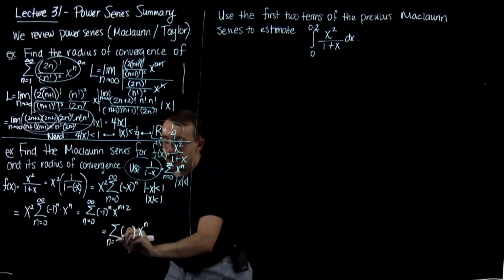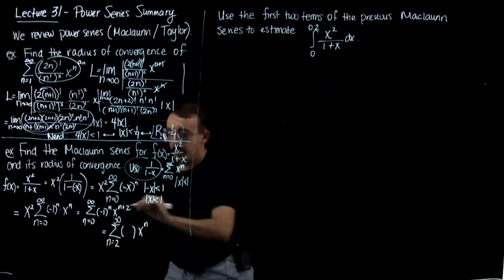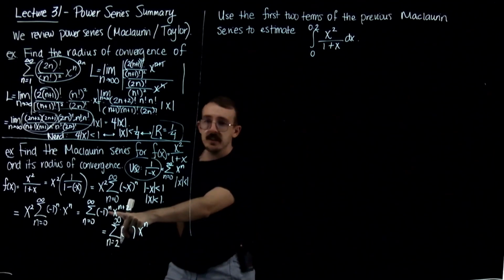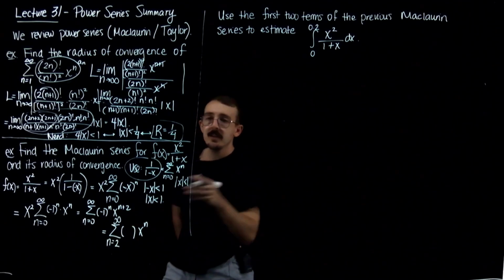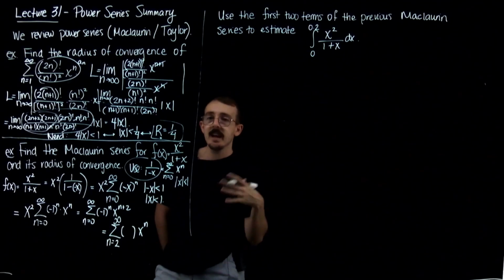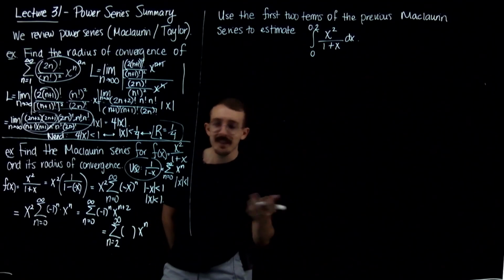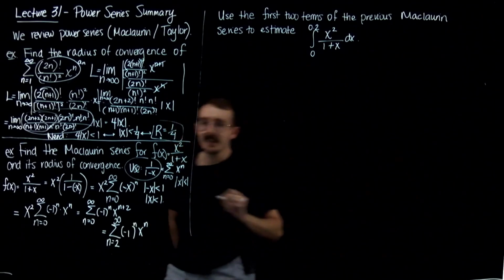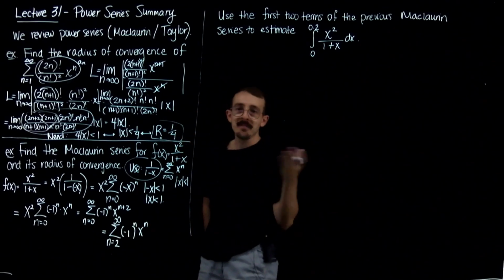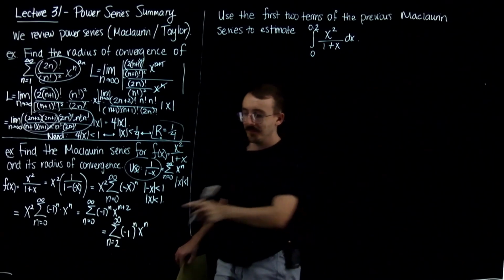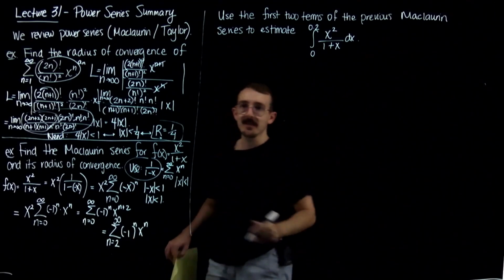This is going to be n equals 2 to infinity. And then here, if you subtract 2 off the n index in here for negative 1 to the n, you'd get negative 1 to the n minus 2. But that's still the same thing as negative 1 to the n. It doesn't matter that you shifted it by 2. That's just going to generate another thing that looks just like negative 1 to the n.